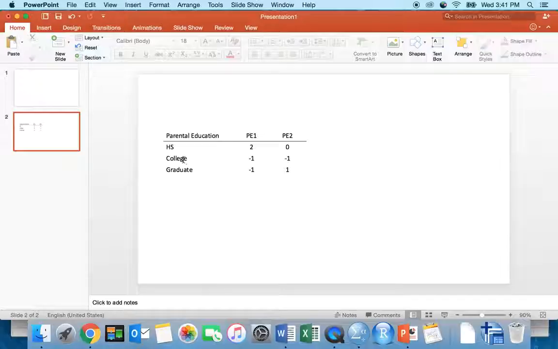And then let's compare college and graduate level of parental education. So PE1 here will compare high school to these 2 together. PE2 will compare college to graduate.